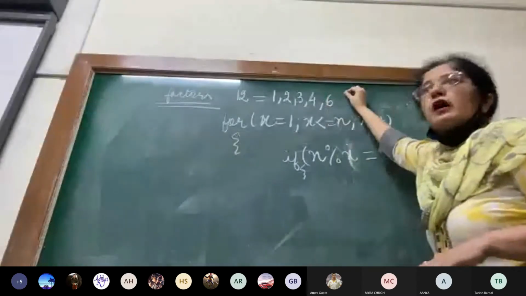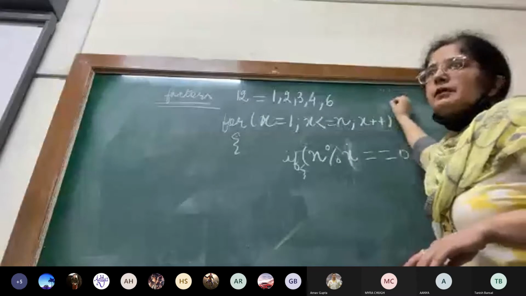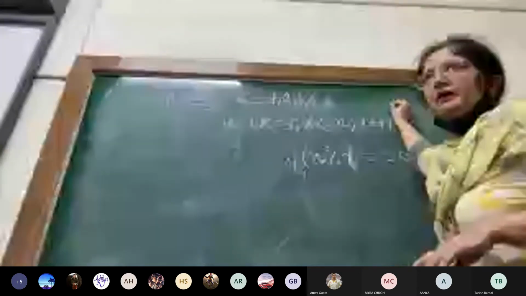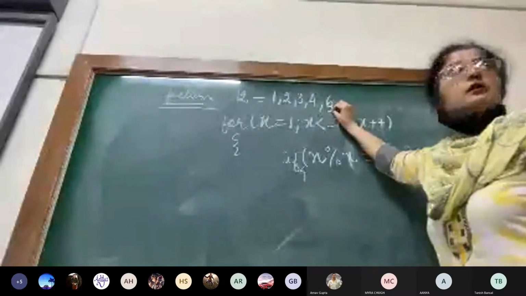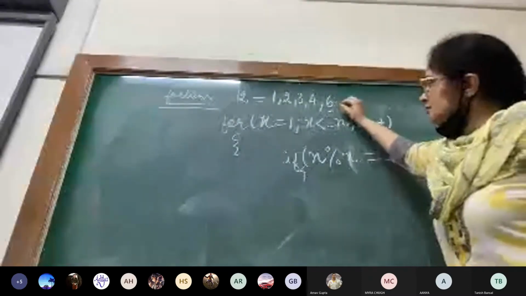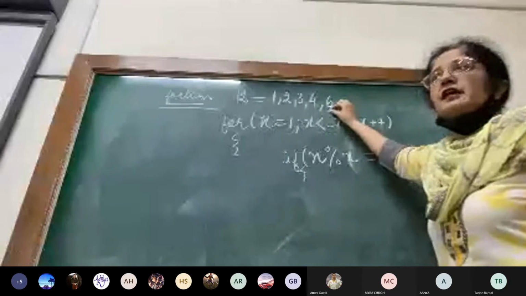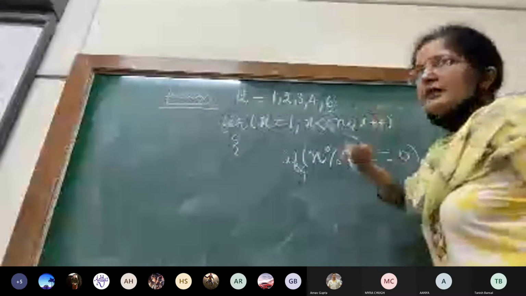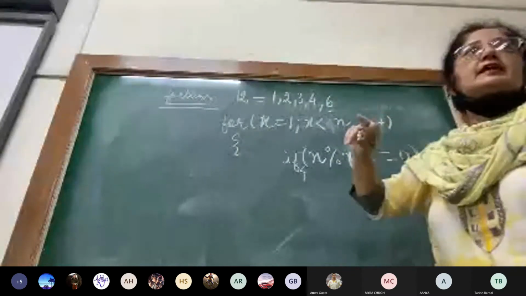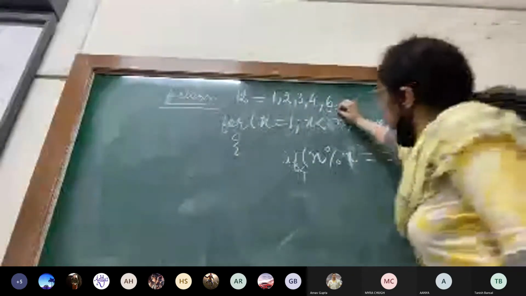And you don't have to go till the number. So 6 is the highest factor in that case. You have to add these factors.